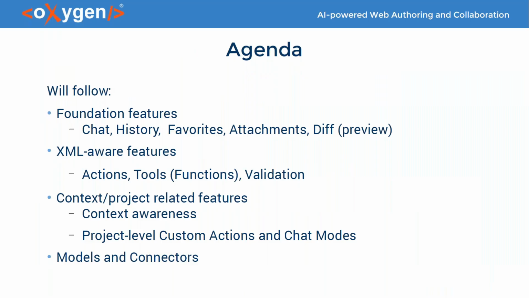It has XML aware tools that allow you to interact with your XML project, and it also has validation. The content that is generated with AI Positron is valid according to your schema. I will show you this later.